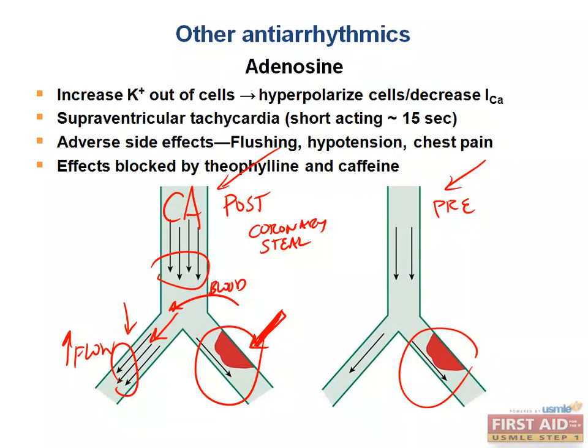This can actually further exacerbate the oxygen deprivation of the myocardium that is supplied by the branch that is stenotic. This is the basis of stress testing and can potentially cause angina if you give someone adenosine. And that is the chest pain that is potentially associated with administering adenosine.